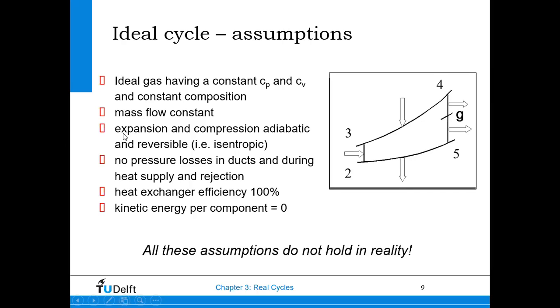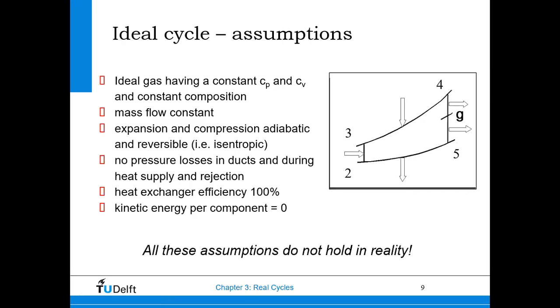In the first instance we assume isentropic expansion. Later on we can include some isentropic efficiency. We can include pressure loss or not include pressure losses. For the heat exchanger efficiency, in the ideal case it is 100%. In all these situations, we look at the total pressure, so including the kinetic energy.